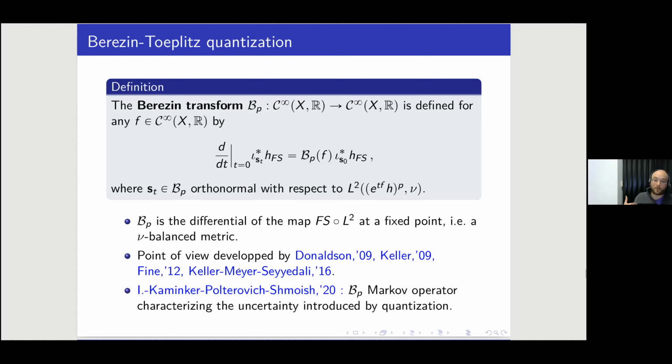But our point of view is to take seriously the fact that this is a real quantum object. And in particular, it is a Markov operator which characterizes the uncertainty introduced by quantization, right? So this is somehow our interpretation of this differential, which we're going to use.